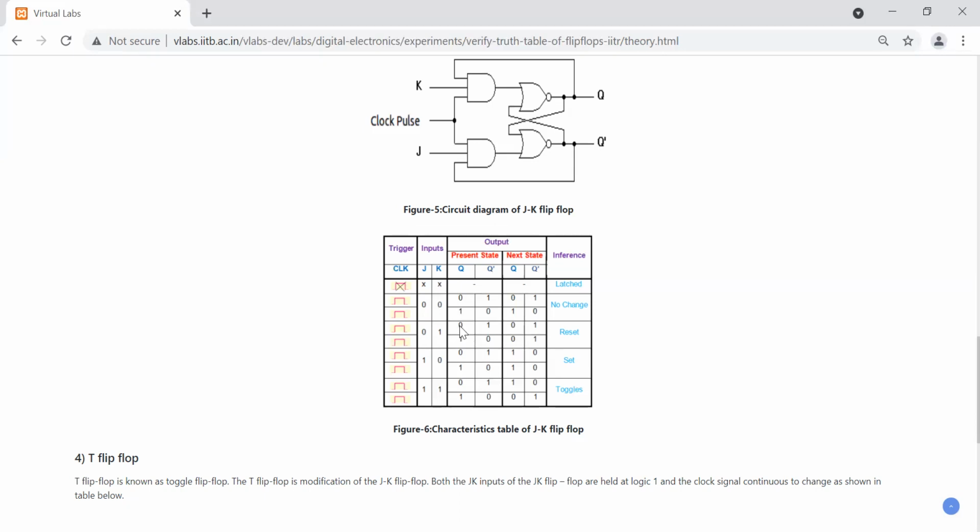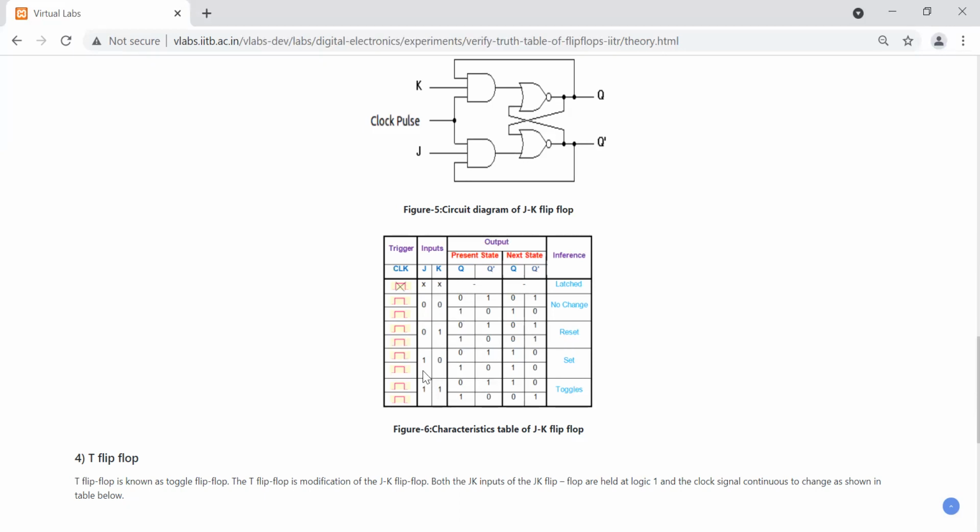So here we can see, in the present state if output Q is 0, in the next state it will be 0, and in the present state if the output Q is 1, in the next state it will become 0. Means whatever is the state of output in the present state, whether it is 0 or 1, in the next state output will become 0. So it is the reset state.